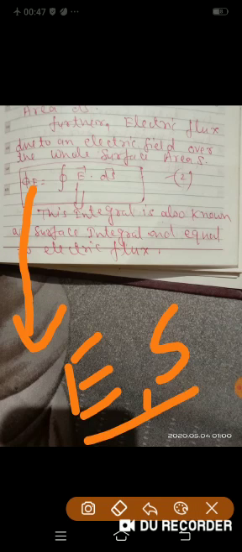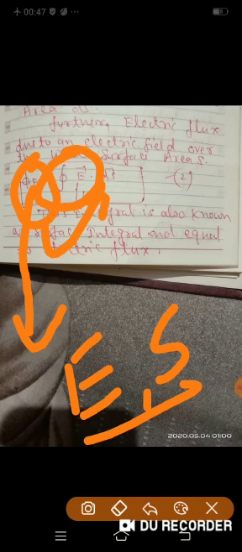Okay students, one more thing I am going to tell you. This is the electric flux over total area s, and that is equal to the surface integral of E dot ds. This integral is also known as the surface integral, as I pronounced here, and it is equal to the electric flux as well. So if you want to calculate electric flux due to electric field E over area s, then its value will be phi e, and mathematically it will be equal to the surface integral of E dot ds.